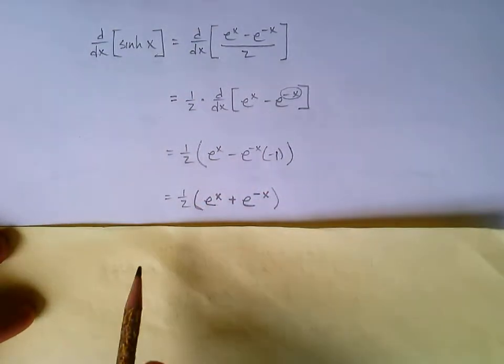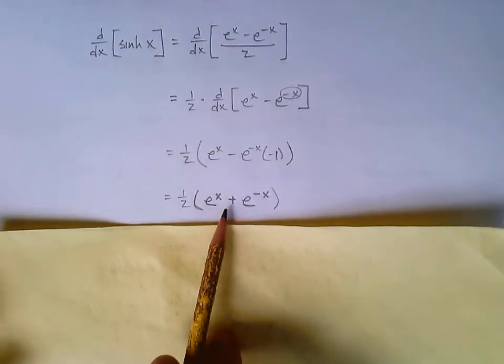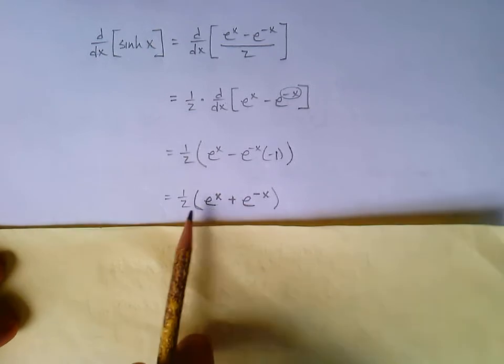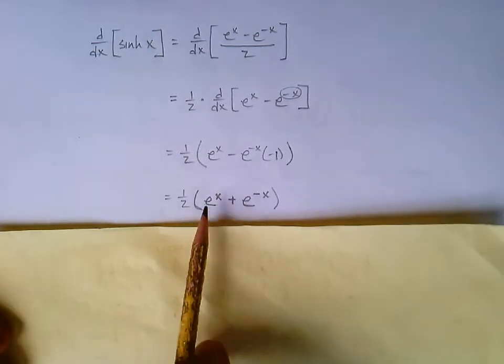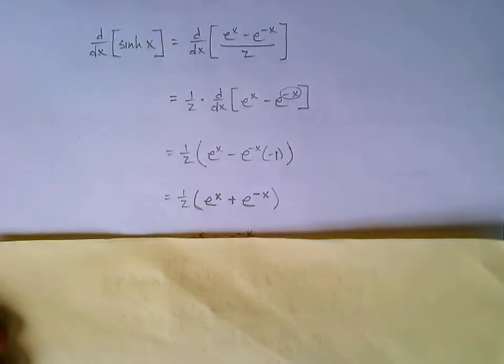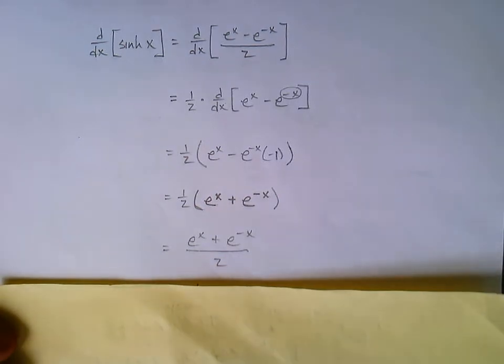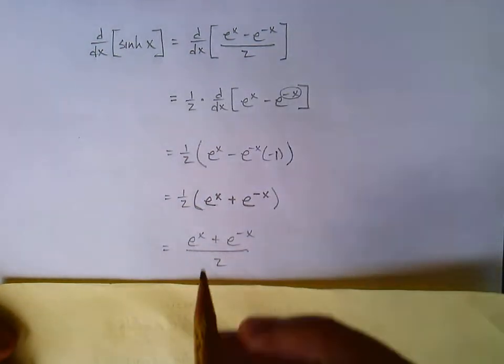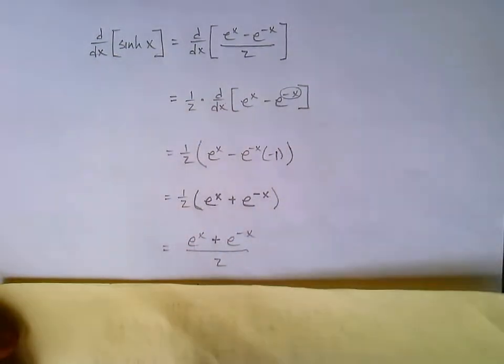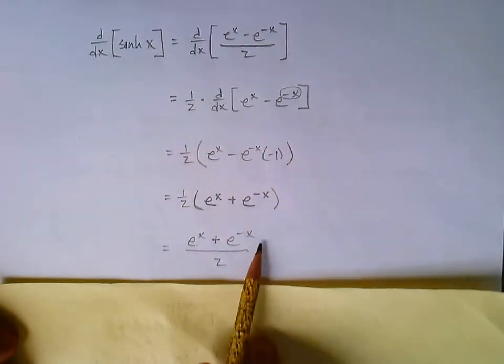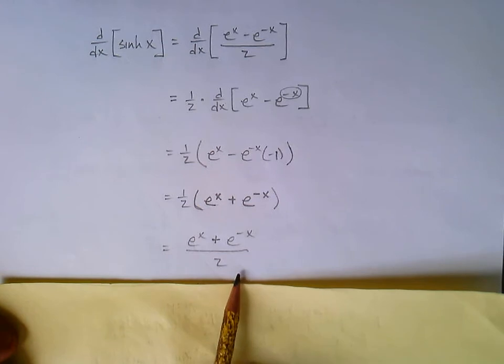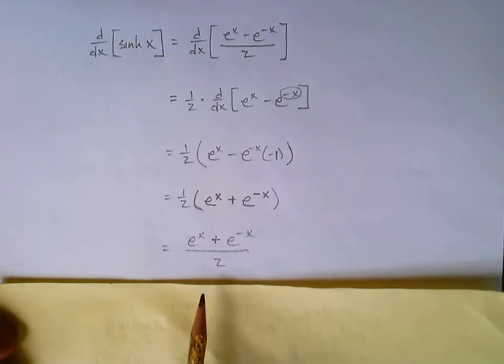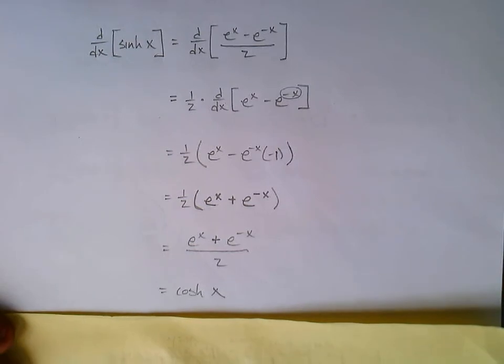Okay. All right, there's our derivative, but let's go a little further. This 1/2, I could put it back underneath and think of this as e to the x plus e to the negative x all over 2. And does this look familiar? Wait a second. Are you kidding me? Isn't this hyperbolic cosine?